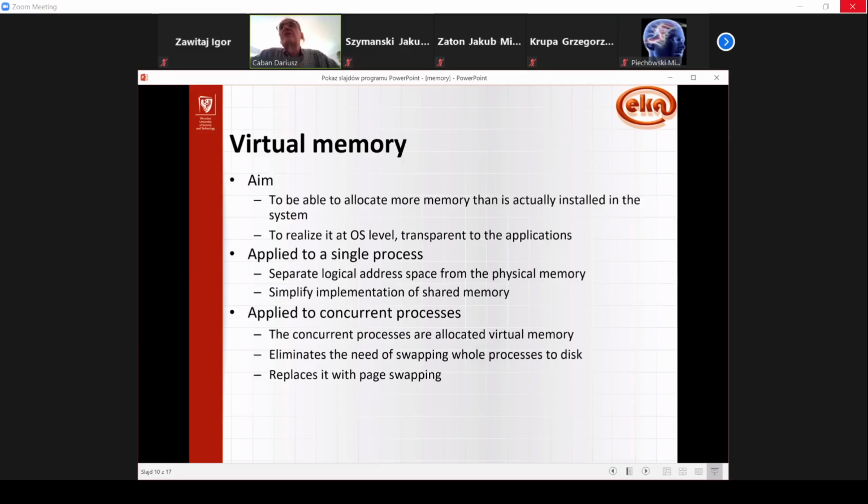Continuous, as I have said, is so bad that nobody now uses it. But segment allocation is used almost as well. If you don't need virtual memory, it is used just as often as paging.